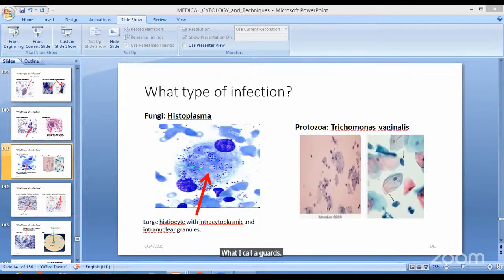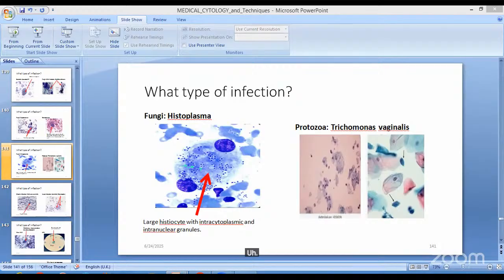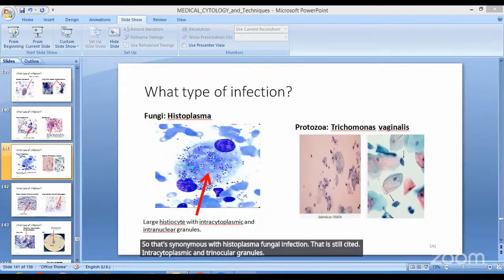They are there now, fighting, trying to deal with the bacteria, the fungi there. And that's what you see, those granular features, they are histiocytes, multinucleated large cells. So that's synonymous with histoplasma fungal infection. That is still site with intracytoplasmic and intranuclear granules.